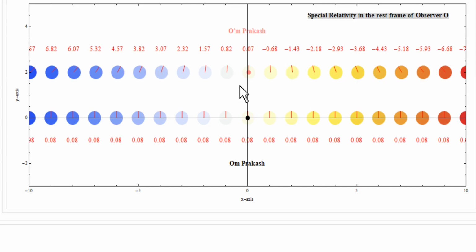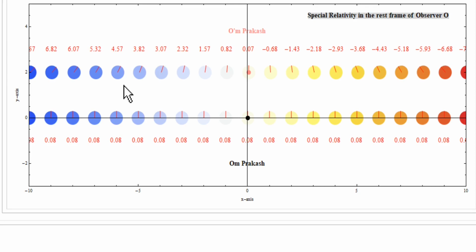Whereas if you go to the left, which is further behind in the direction of motion of the train, these clocks appear to be further ahead in time. That is, these clocks appear to be dialed towards a future time.